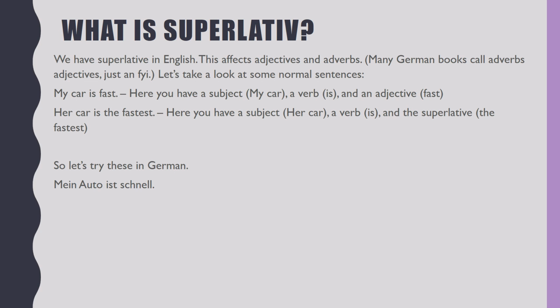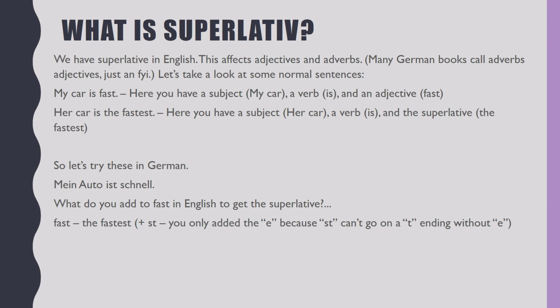You still have mein Auto ist schnell. So what do you add to fast in English to get the superlative? Fast, the fastest, you added st. You only added the e to fast because st can't go on a t without adding an e to the ending. This is the same rule as German.